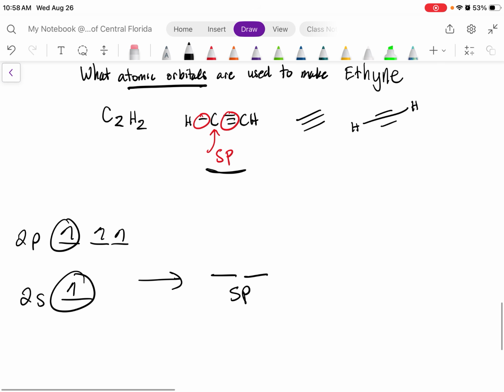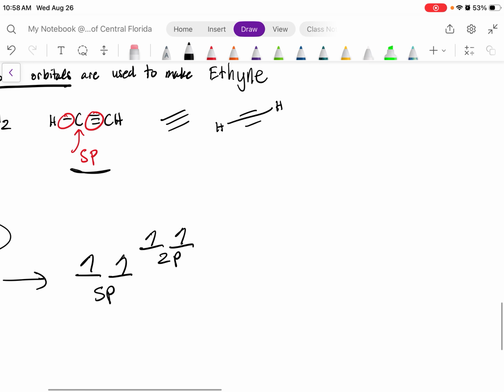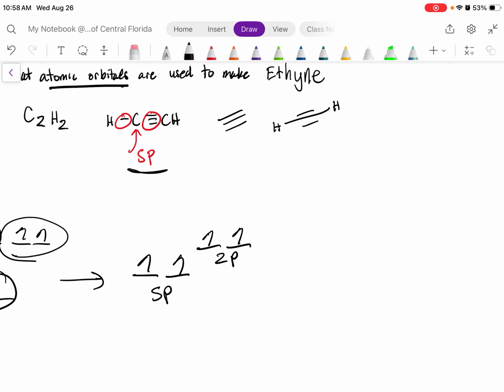So that's our sp, but we haven't touched those 2 right there, so they just come straight across. So those would be our 2p orbitals. How many valence electrons does carbon come with? 4, just like that.